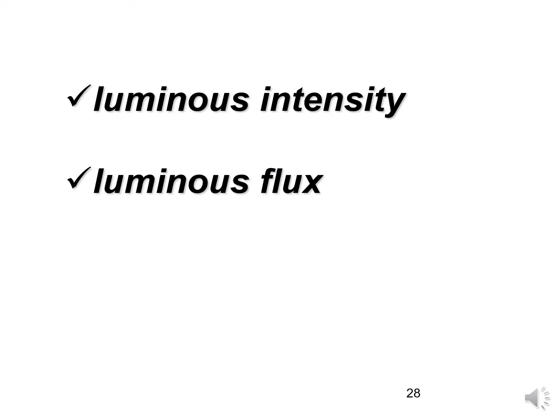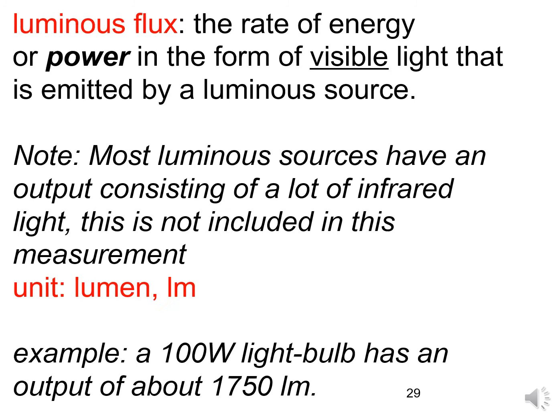We'll look at 2 units: luminous intensity, which is used for luminous sources, and luminous flux, which is used for illuminated sources. So luminous flux is the rate of energy or power in the form of visible light that is emitted by a luminous source.